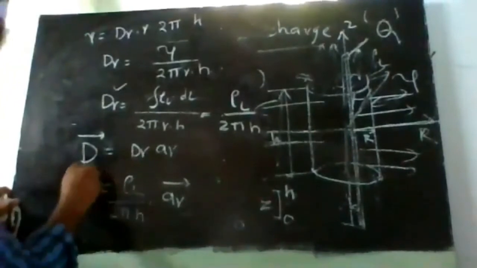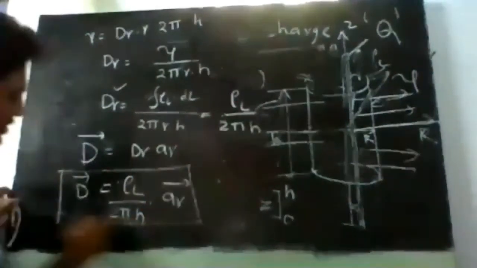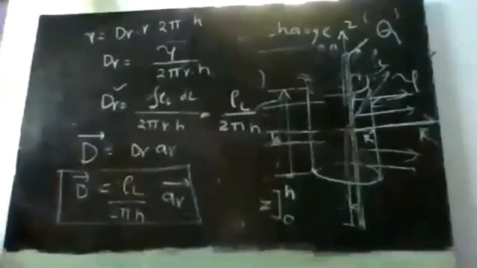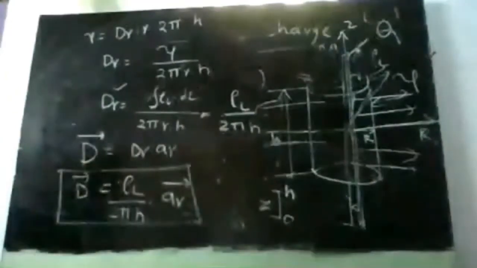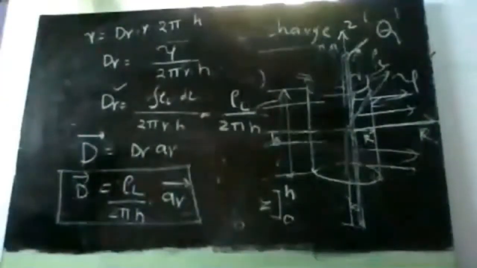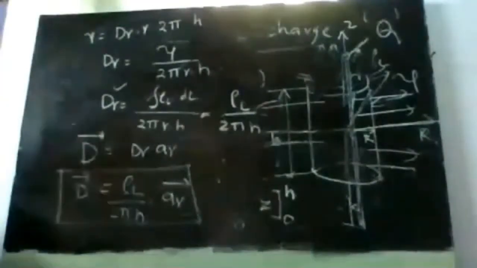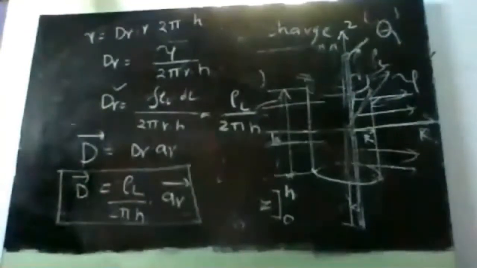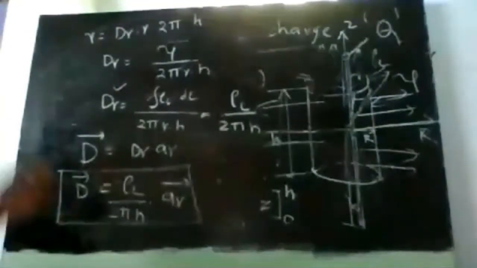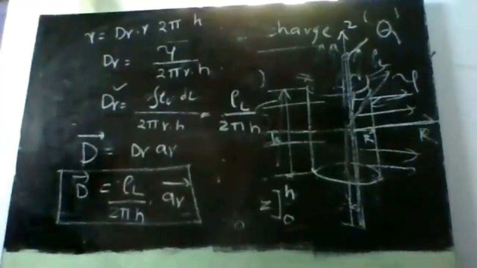This is the expression for electric flux density of an infinite line charge. This is how we can apply Gauss law to find the electric flux density. If I know D bar, we can calculate E bar, as we will see in a second.